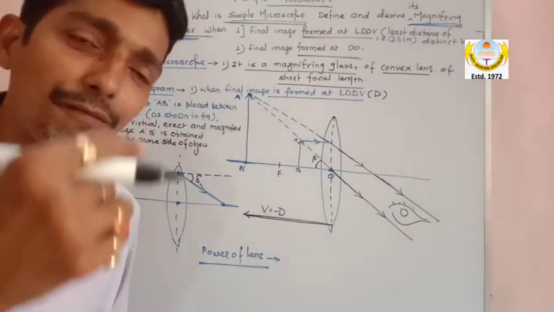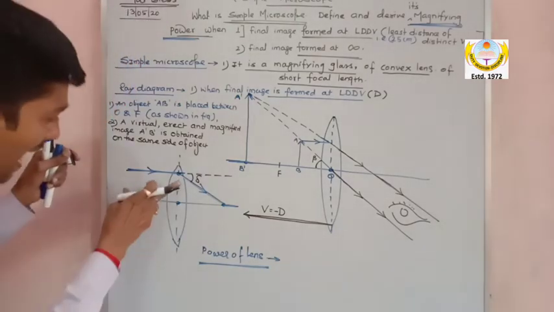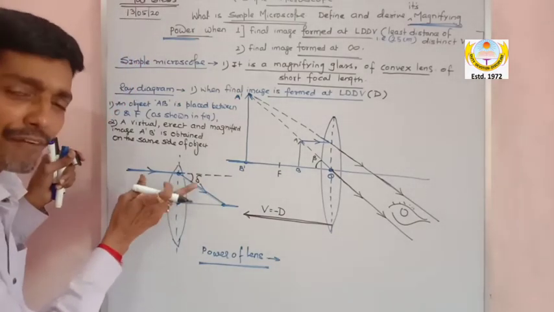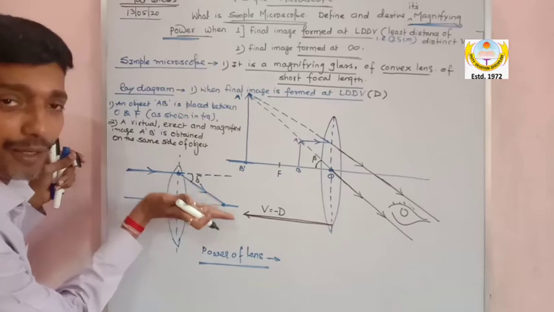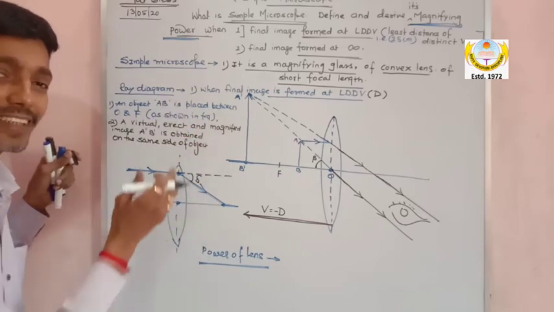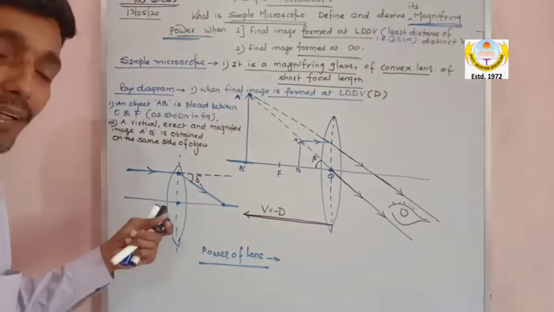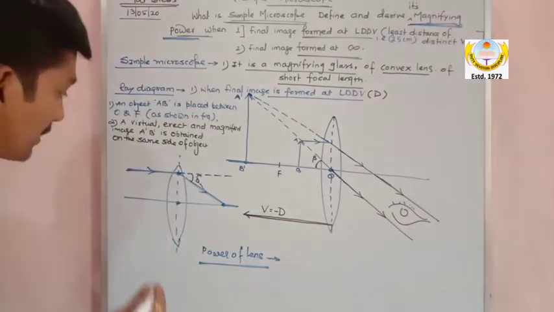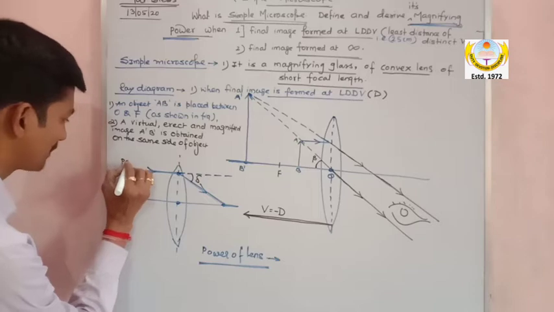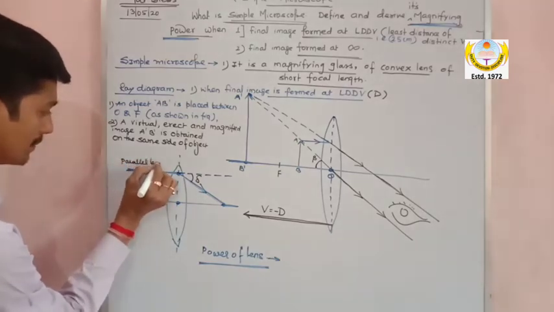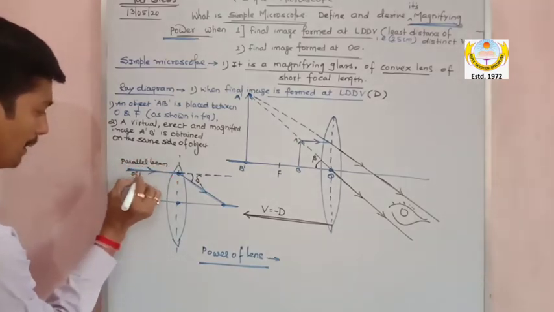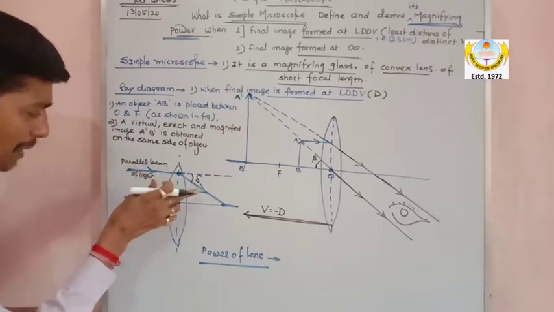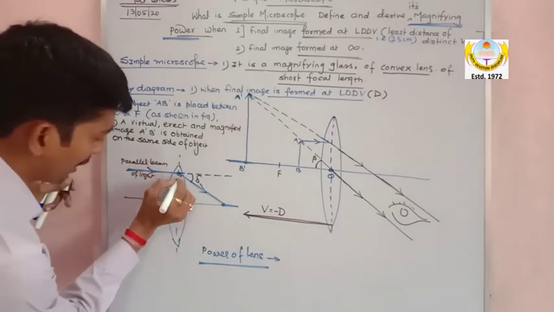Now the power of lens is the tangent of the angle by which the ray converges or diverges. In case of concave, it will diverge. In case of convex, it will converge. So this is your parallel beam of light, and it converges here.